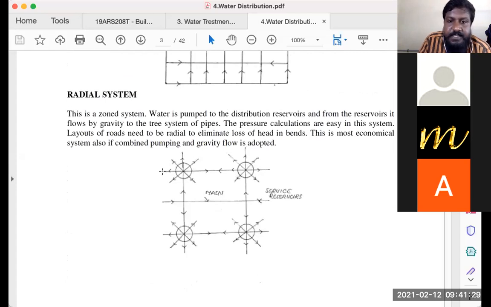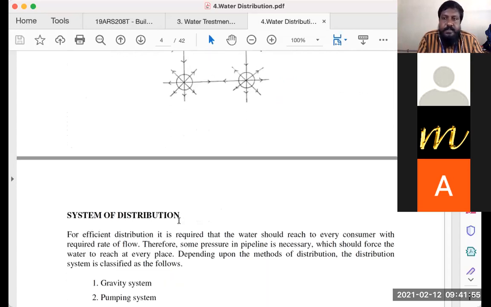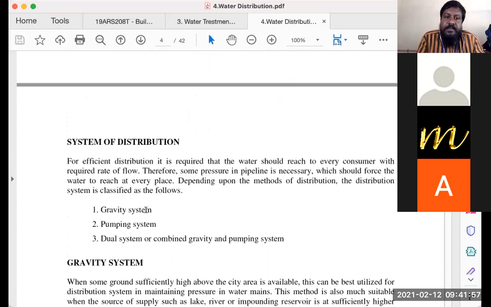In a radial system, water from the main is distributed and then taken to perpendicular joints from where it's radially distributed to the other houses. So these are the normal methods commonly adopted depending on the region, and on the density of houses and industries. These are the various methods adopted in the country.